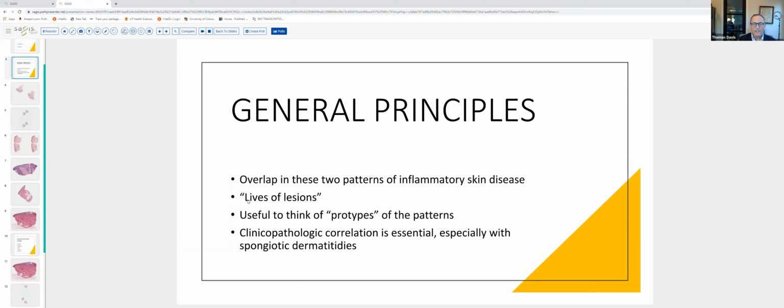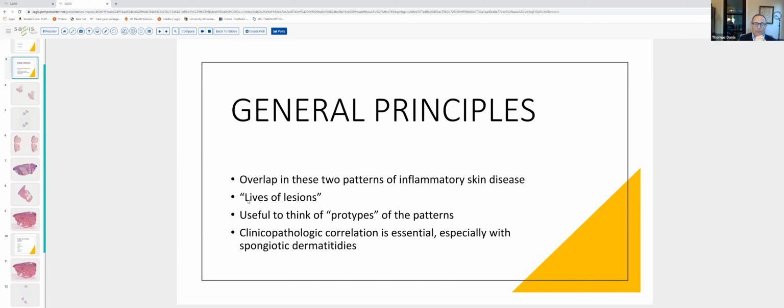And it's a good idea when you're first starting derm path, and even as you advance, to pick out a prototype of a given inflammatory pattern and learn it really well: what it looks like early in the course of the disease, what a fully developed lesion looks like, what a late or partially treated lesion looks like. Then you'll have a benchmark against which to compare and contrast other conditions which demonstrate histologic overlap or are also in the differential of the disorder exhibiting that pattern.